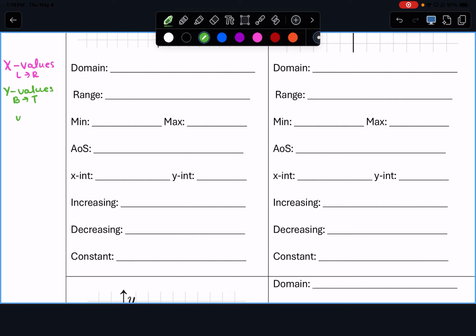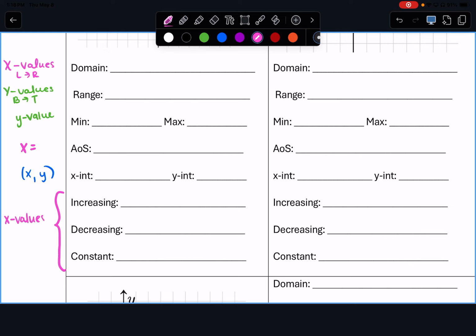Our min is just our y value, the smallest. Our axis of symmetry, we just do what x equals there. Our intercepts, we're going to put a point, x and y.